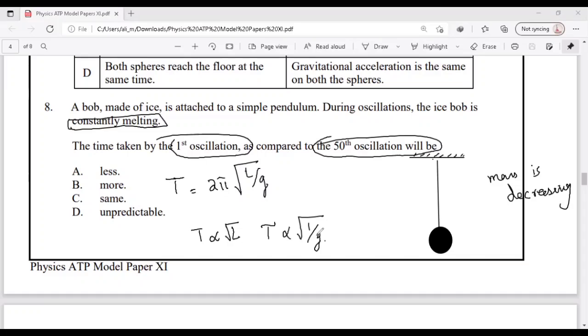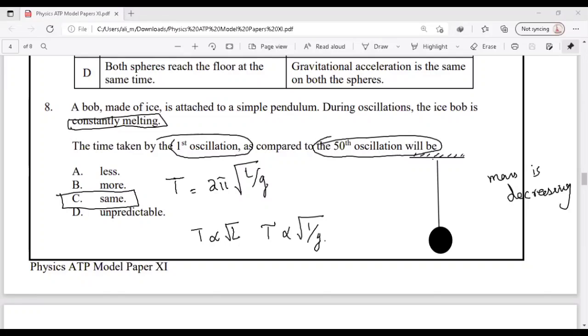So for a simple pendulum, the time period is independent of mass and amplitude. This means that the time taken for the first vibration, the second vibration, the 50th vibration or the 100th vibration will remain the same. So option C is the right answer.